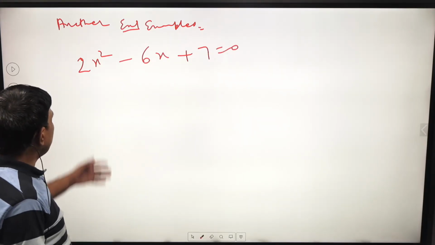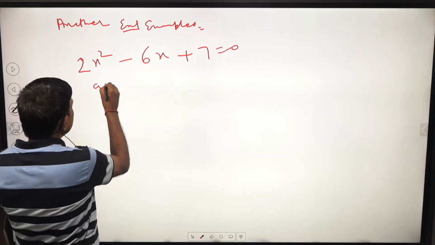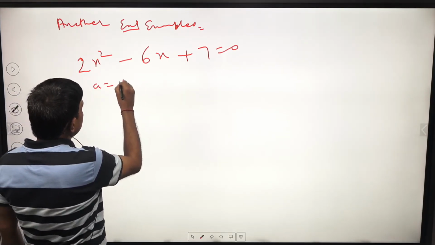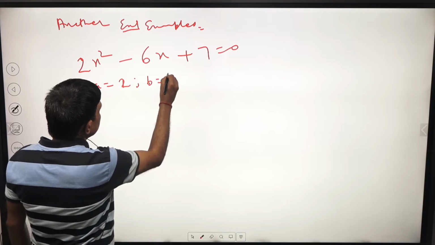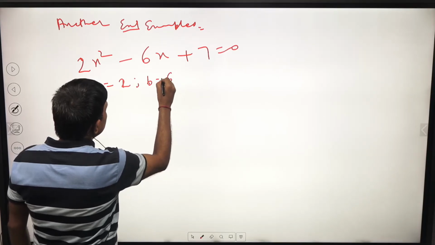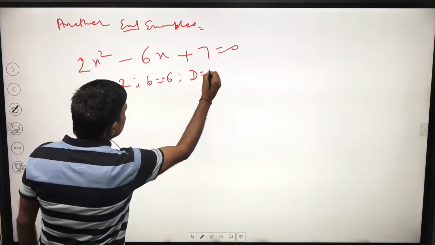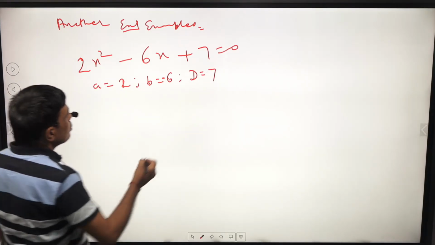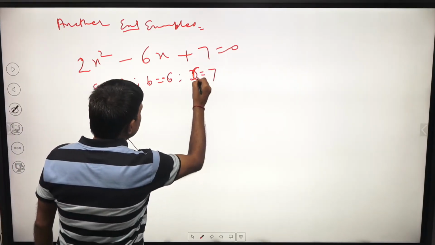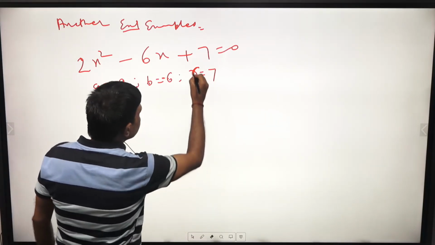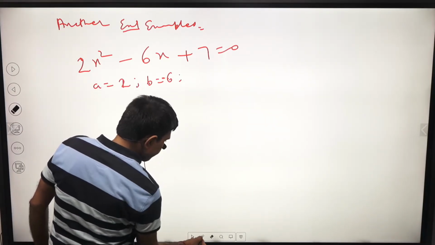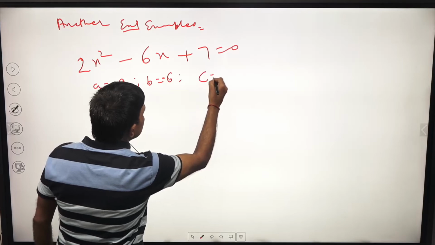So here, compared to the standard equation, a is equal to 2, b is equal to minus 6, and c is equal to 7. Sorry, c is equal to 7.